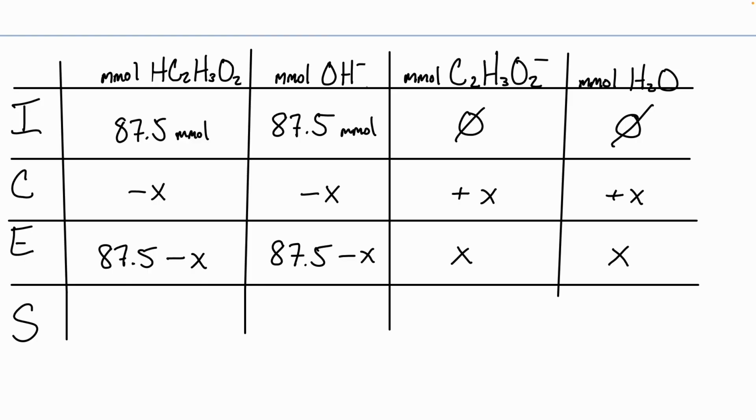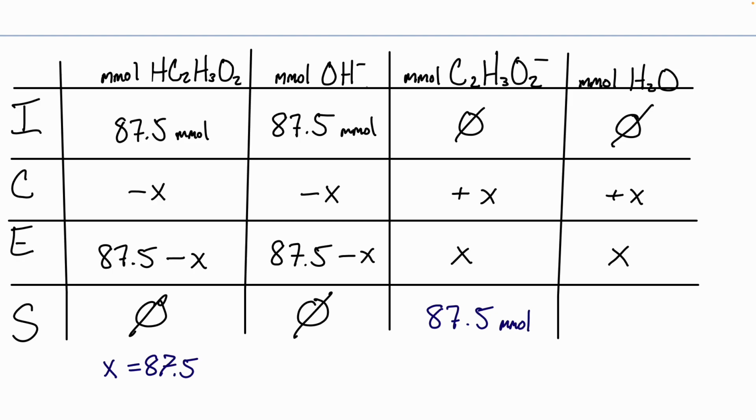But in this case, I have the exact same amount of acid as I do strong base. So what's my value of X going to be? 87.5, which means I have no weak acid, no strong base, 87.5 millimoles of conjugate base, and I made 87.5 millimoles of water.